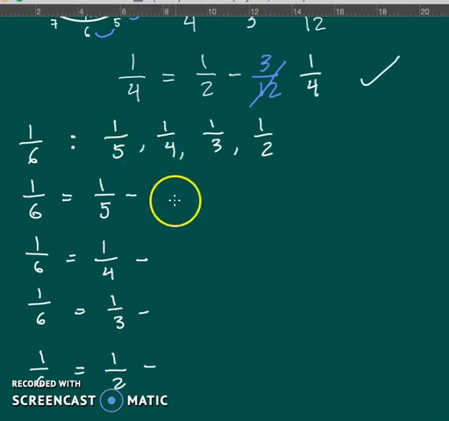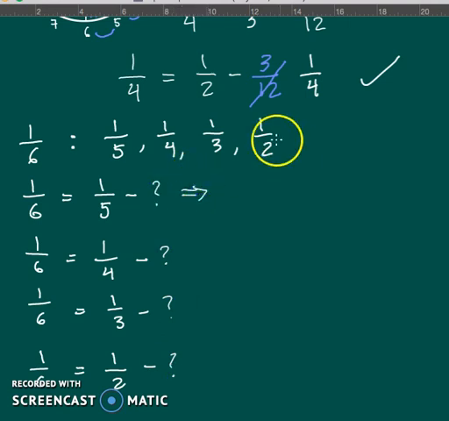Okay, so let's start with 1/5, and we know that in order to add and subtract fractions, we need to have a common denominator, which means that we need to find the lowest common multiple between the denominators. And for 6 and 5, it's 30. So I'm going to start off by putting question marks here so that we can come back to them.